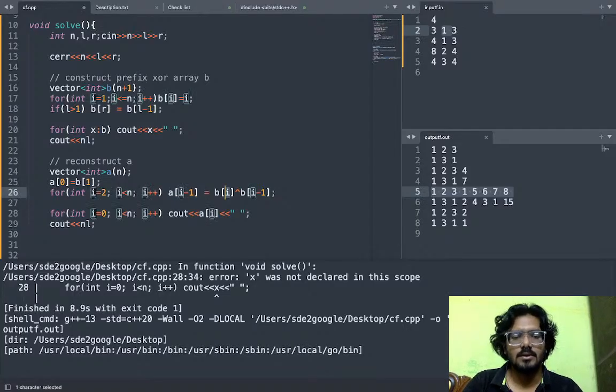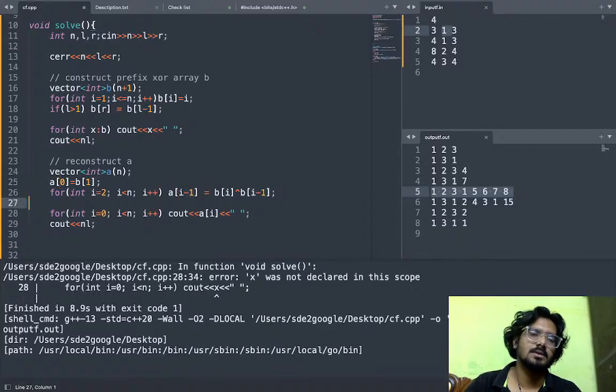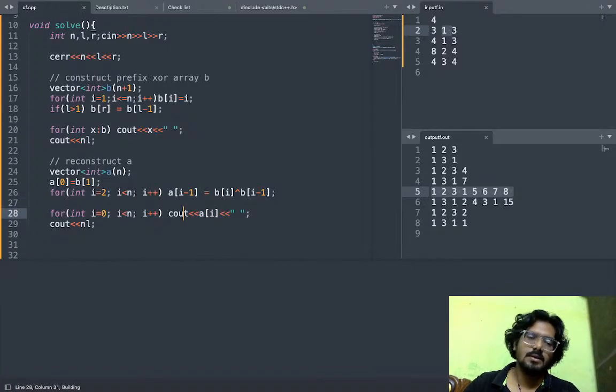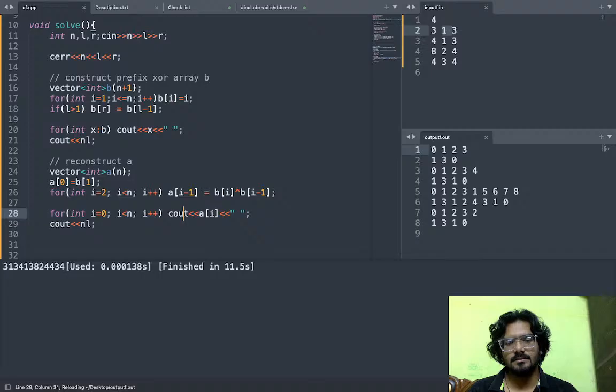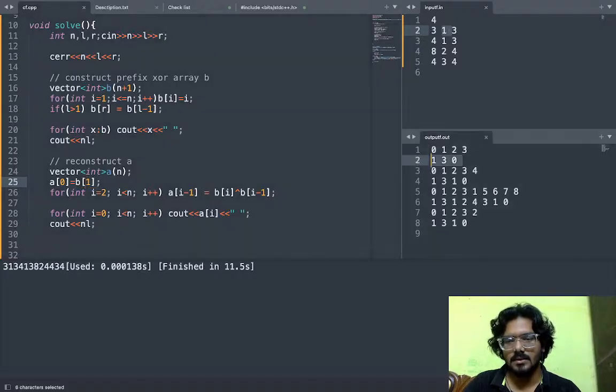So if I am here 2 and XORing it with 1, then we will place it at 1. So this works. It says 0, but 0 is not allowed. 0 is not allowed.